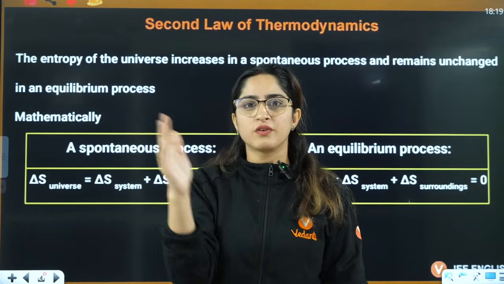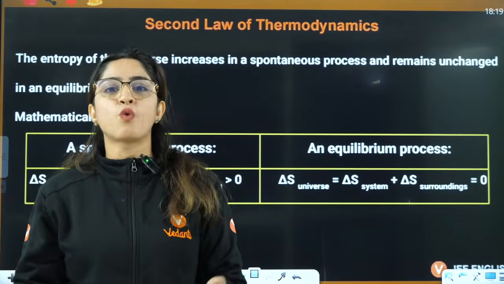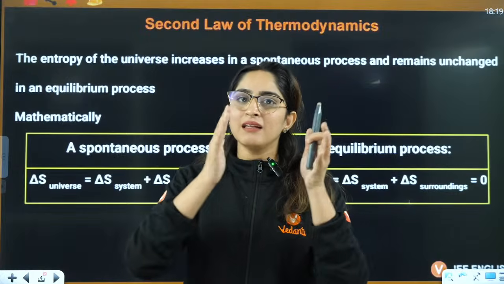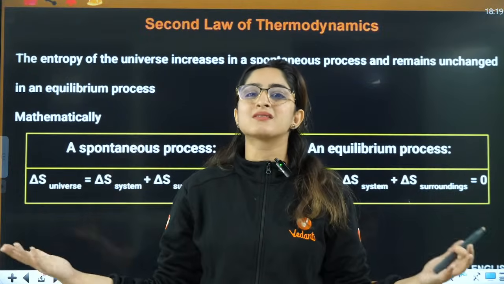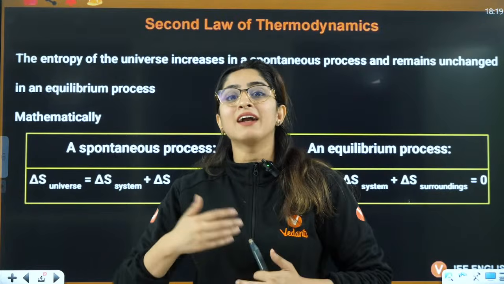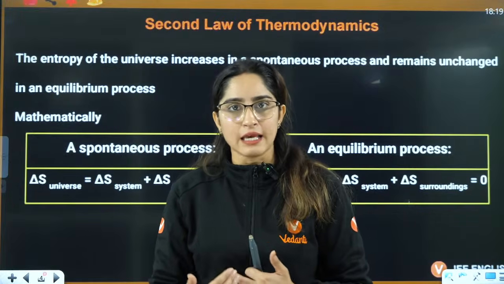But that's just a movie. Otherwise, what happens? We are born, then our age is increasing. So that means entropy, randomness, disorderliness of this universe is constantly increasing.